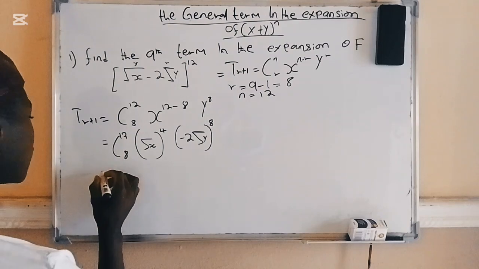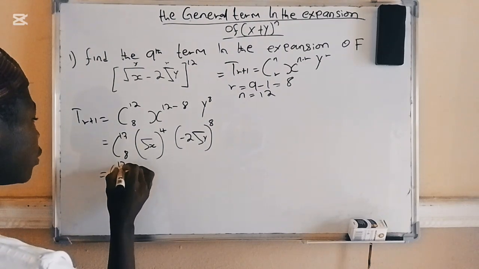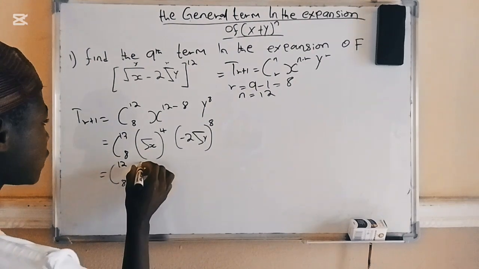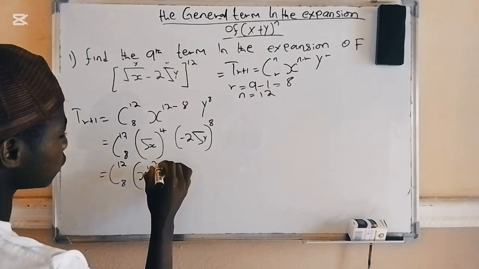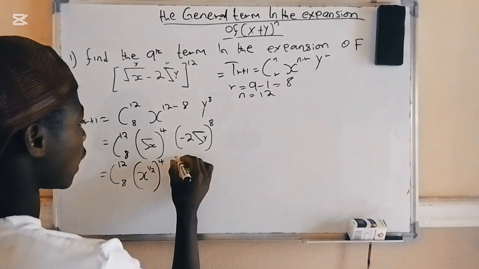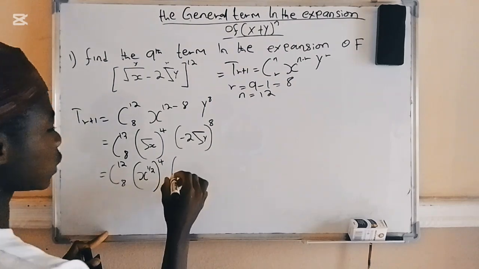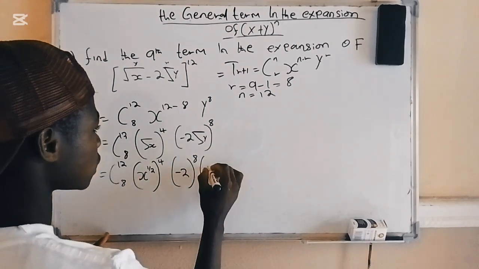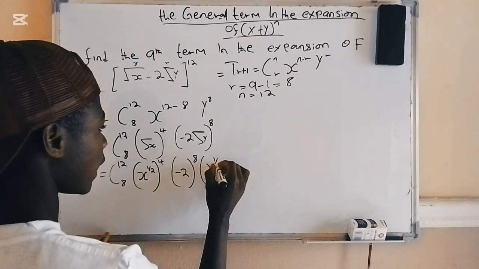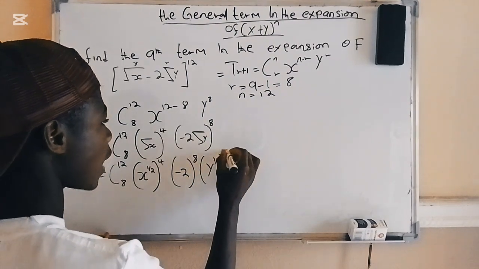This is the same as 12C8 times x to the half of 4, and 2 raised to the power 8 and y to the half of power 8.